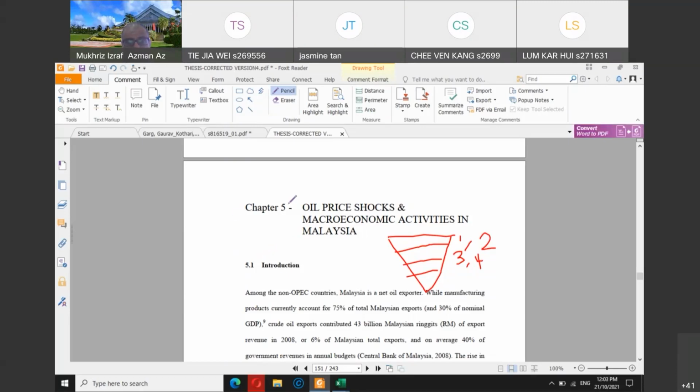So the issue of oil price shock is my main interest. Because the title is about Malaysia and how oil price actually affects macroeconomic variables like GDP, export, import, inflation, and whatnot. Because my focus is specifically on Malaysia, and the main variable is the oil price shocks, how it affects the Malaysian macroeconomy.